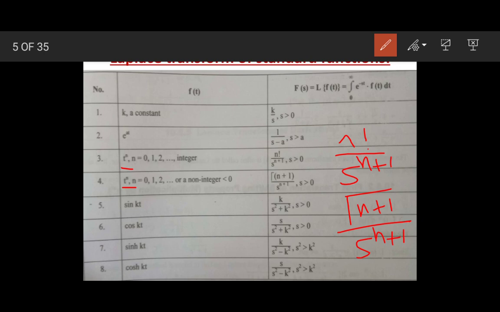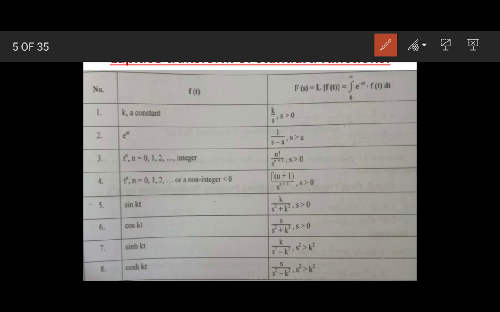Now, when are we going to apply the first formula, and when the second? When n is a whole number, an integer, we use the n factorial formula. That means Laplace of t raised to n will be n factorial upon s raised to n plus 1. And whenever n is a fraction, a non-integer, in that case we will use the gamma formula.